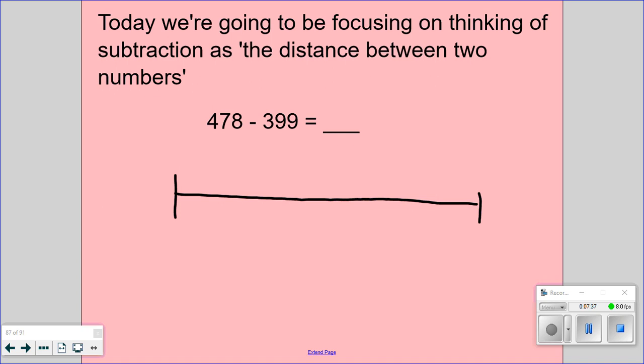Now if you're trying to think, where do I put each number, because I need to be doing the distance between. We're going in order of our number line. So what is the smaller of the two numbers? Not a trick question. Jackson? Yeah, so 399 is obviously going to come before 478.